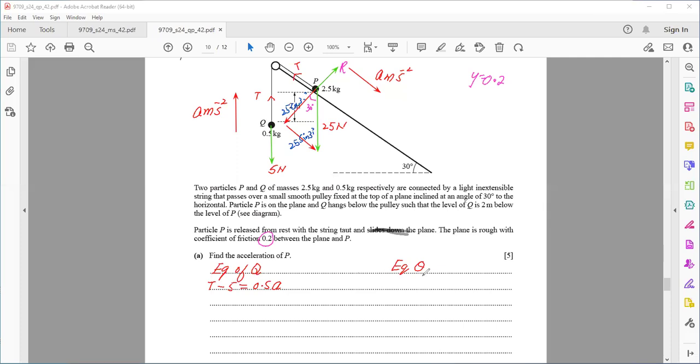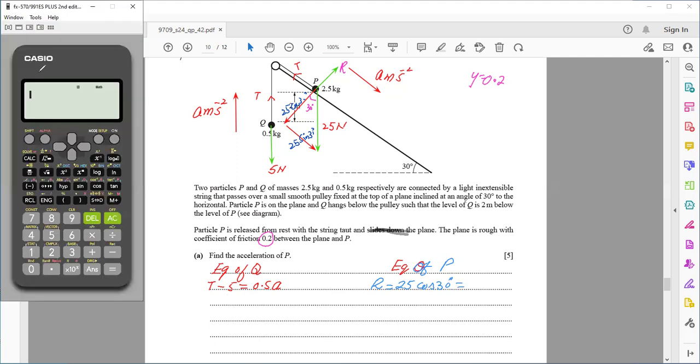So I have to write the equation of P. First of all, the normal reaction is equal to 25 times cos of 30 degrees. Am I right? I have used the calculator.